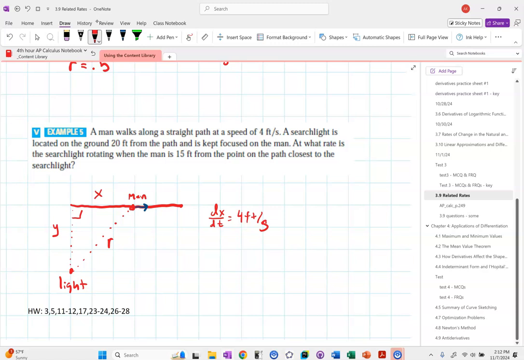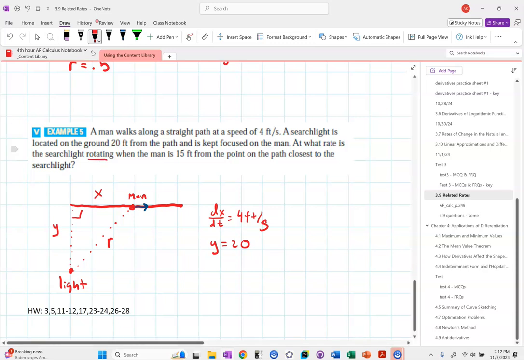And it says a searchlight is located on the ground 20 feet from the path. What is that telling us? Y is 20, and that's a constant. At what rate is the searchlight rotating when the man is 15 feet from the path closest to the searchlight?